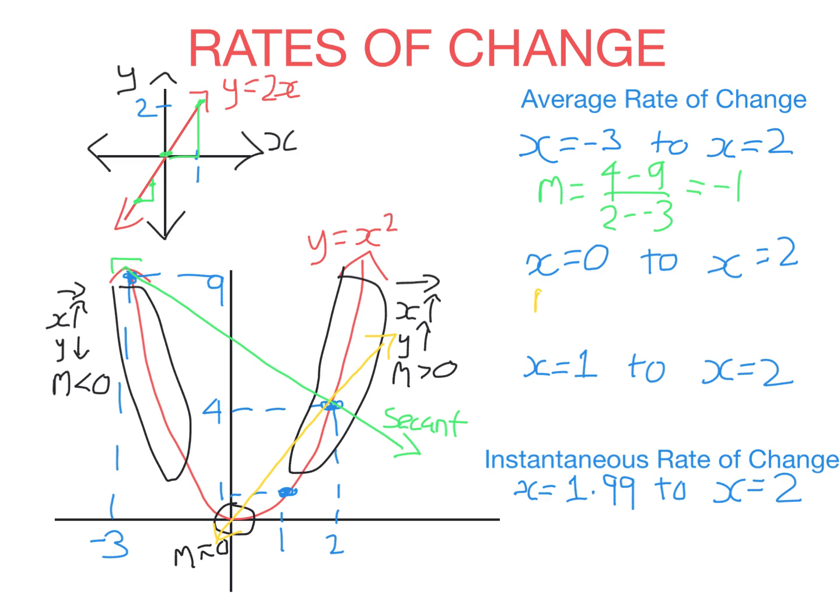To calculate the gradient of that line, all I do is use gradient equals y2 minus y1 over x2 minus x1, and I get 2. So that's the average rate of change of the curve y equals x squared between x equals 0 and x equals 2. It's just an average rate of change. It's still not a great indicator of the gradient of the red curve at this particular point.